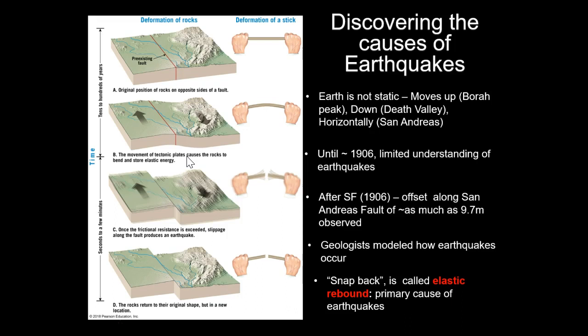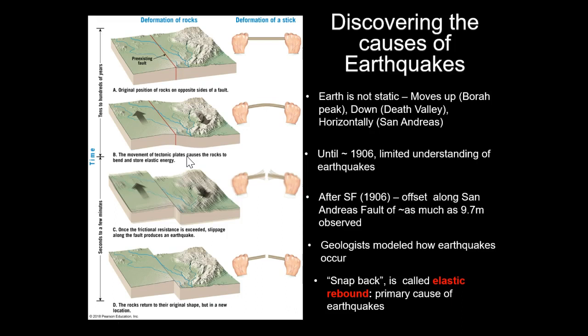An example of this sideways movement is the San Andreas Fault in California, and we'll look at it in a little bit more detail in the next few slides.